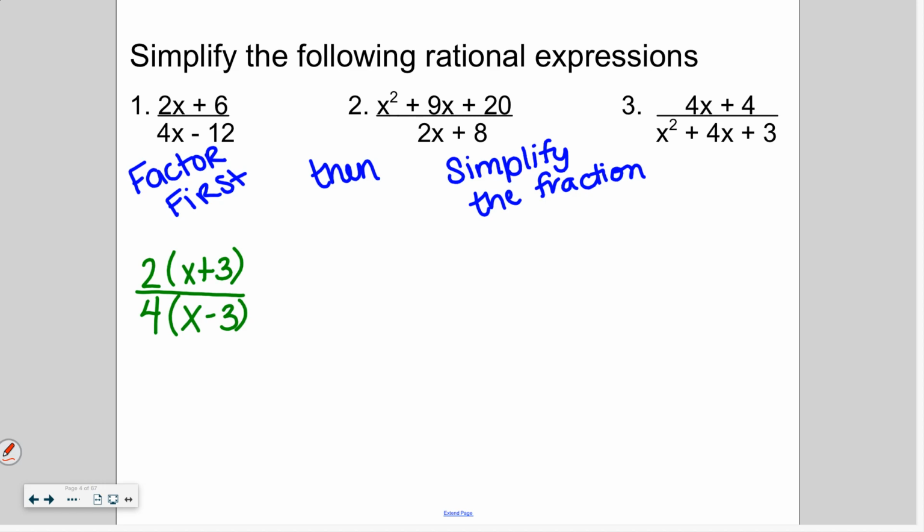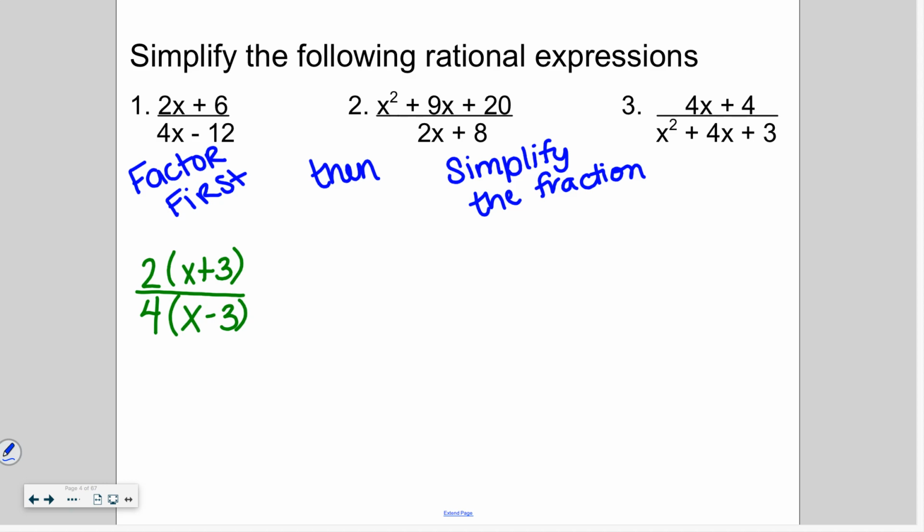Just like, and I'm going to do this little example over here to the side, if we had 5 over 5, that would simplify because the 5's match. If we had 5 over 10, the 5 would go away and become 1, and the 10 would become 2. So that's exactly what we're doing, but they have to match or have a common factor. Okay?